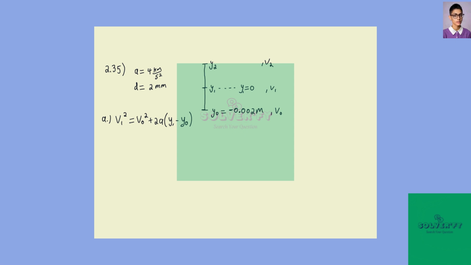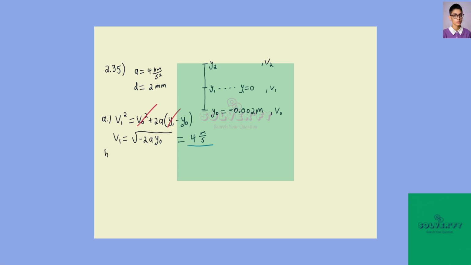Well, y1 is 0 and v0 is 0, so we get v1 as the square root of negative 2a y0. But remember, y0 is negative, so you're not taking the square root of a negative number. It will be a positive number. This tells us it's 4 meters per second.